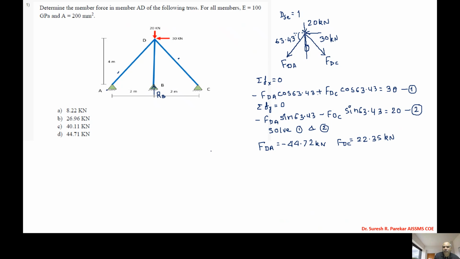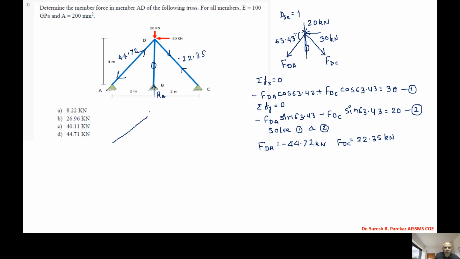So this gives us the P forces. If I plot it, FDA we have compression, value is 44.72. And then DC we have tension because we have the value plus 22.35. And force in this member we have 0.